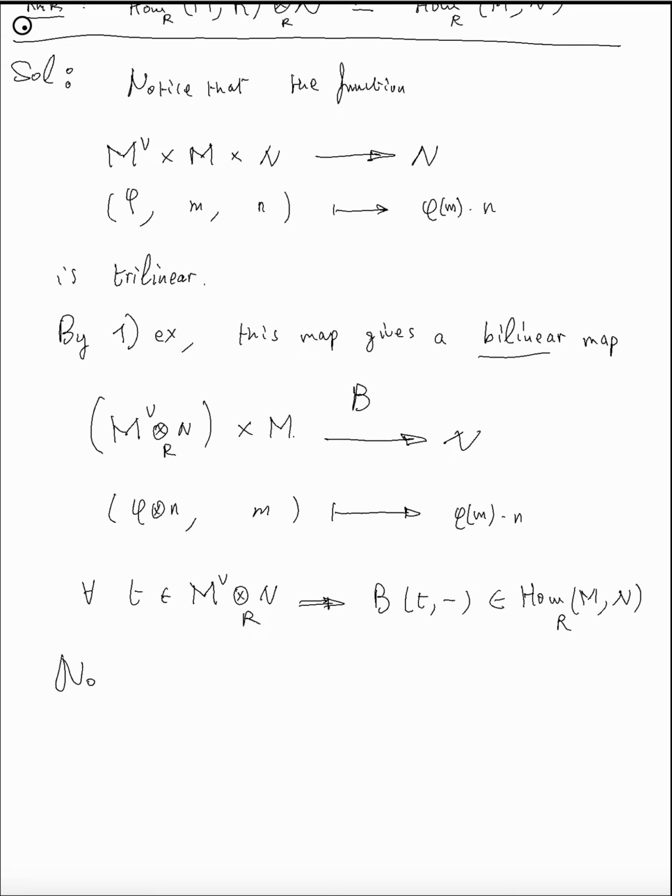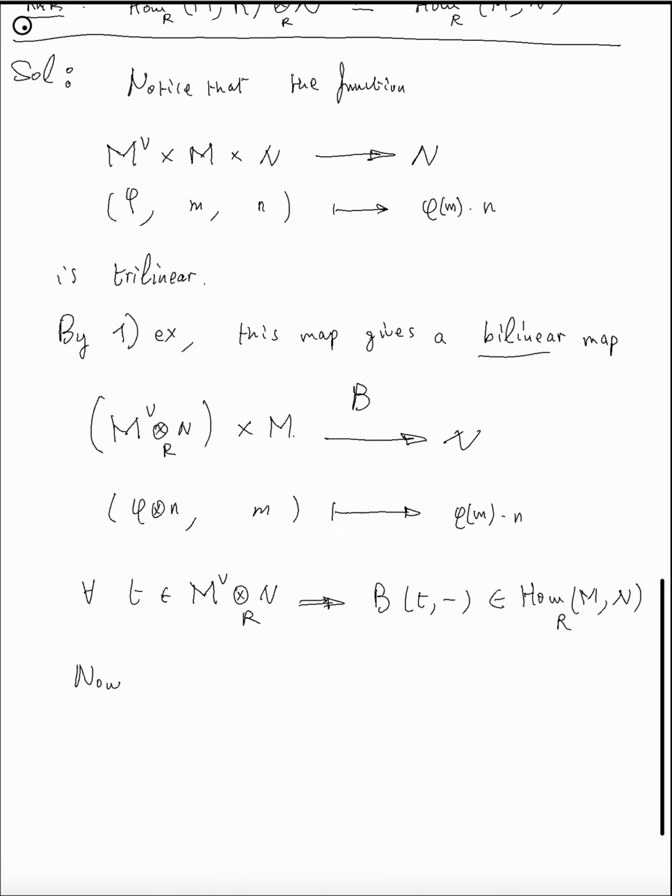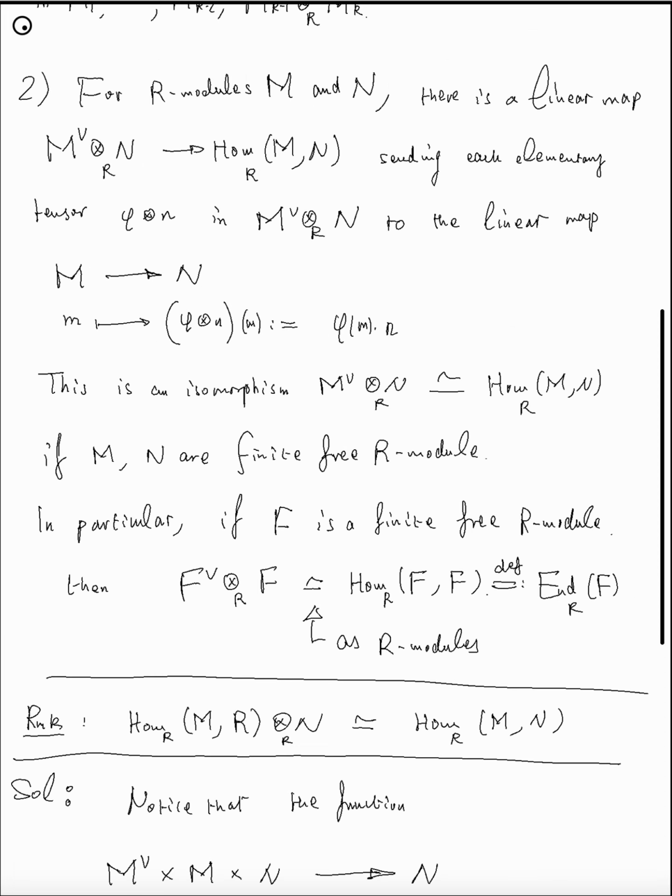Now we have constructed such a map, right? We have already constructed this map. So we start with an element T here, and then give me n.